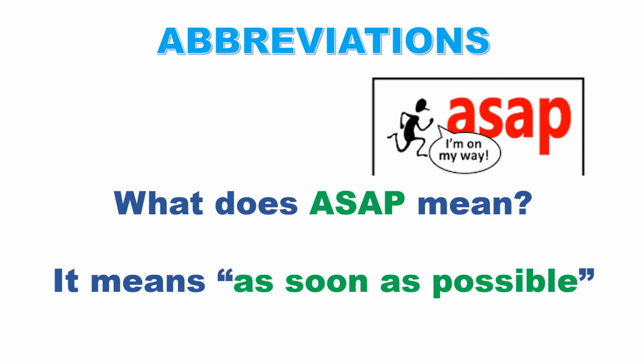That's right, I guess you probably know. It means as soon as possible, okay? If you need to do something as soon as possible, the sooner the better. So as soon as you can, as fast as you can. There are other ways of saying that, okay? But this is a very famous abbreviation.